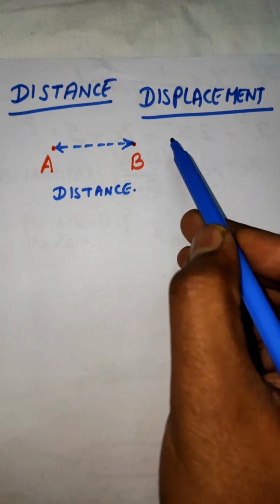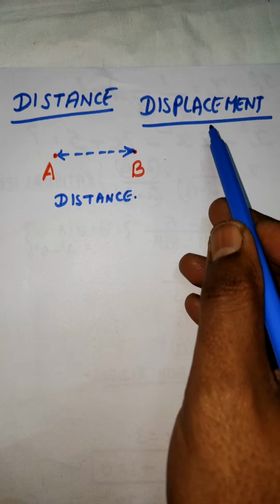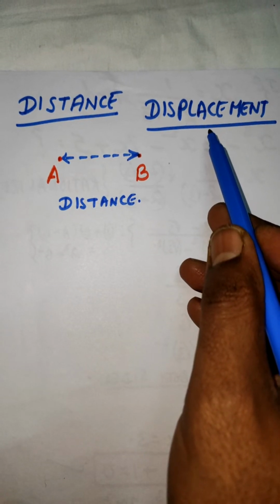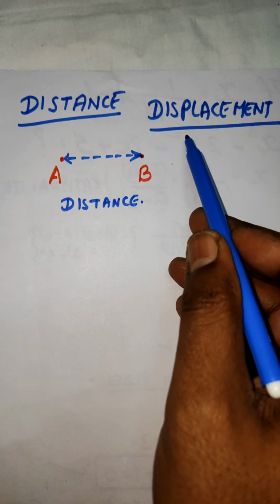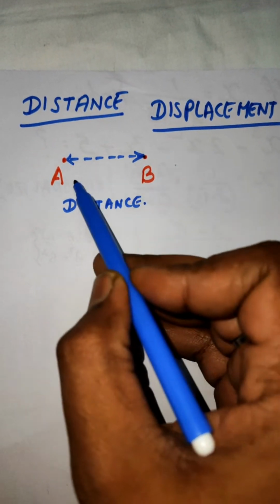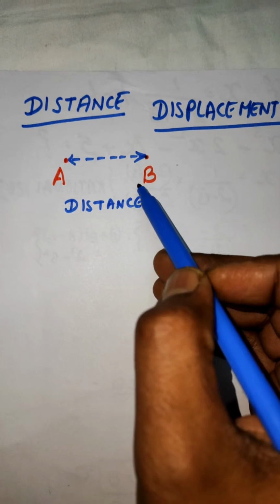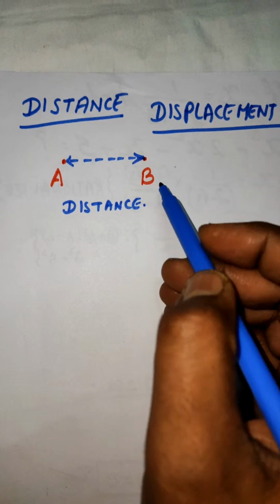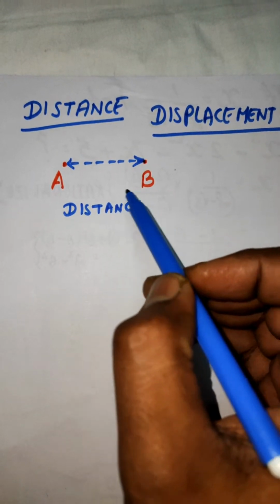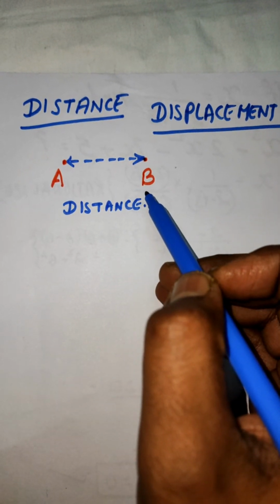But what is the definition of displacement? We will see into that. Displacement between 2 points A and B is said to be the shortest distance between these 2 points, right?